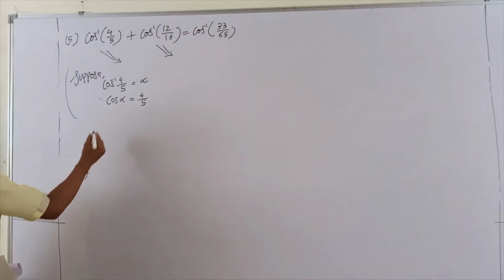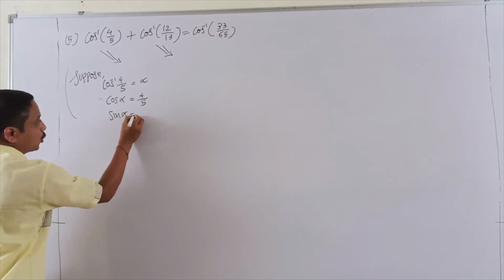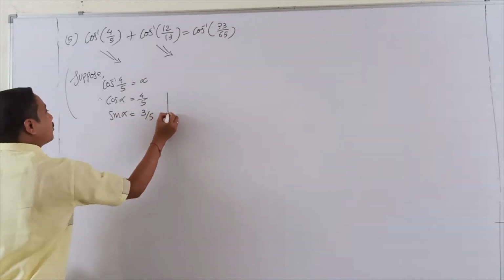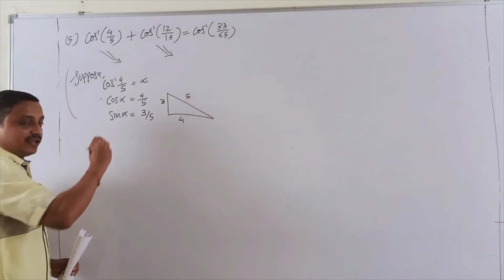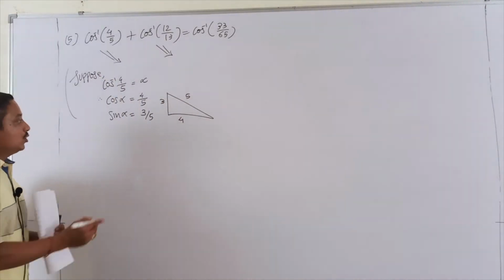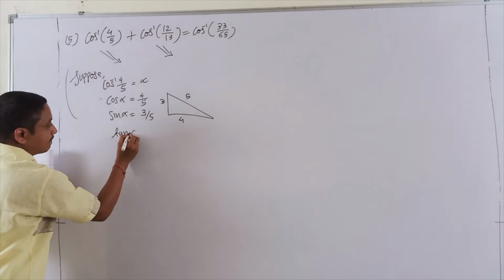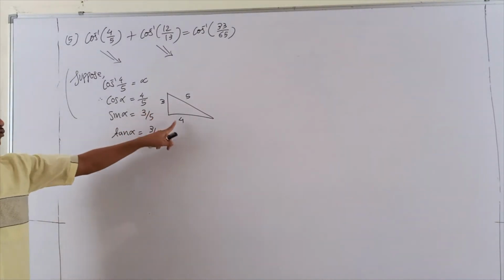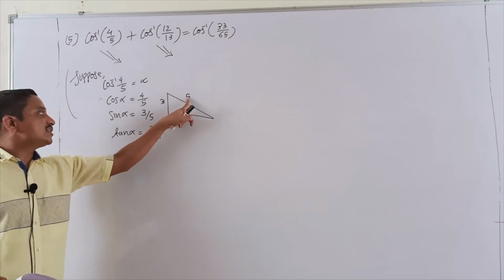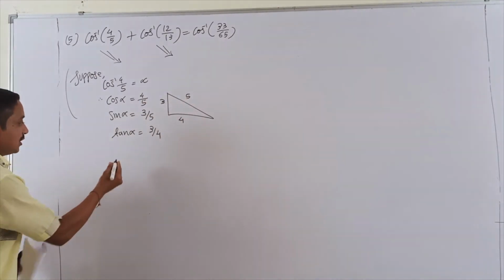And simple, students, translate into sin alpha according to your triangle property. Here 4 by 5, definitely here 3. So what is tan alpha? Yes, it is 3 by 4, because sin is 3 by 5 and cos is 4 by 5.